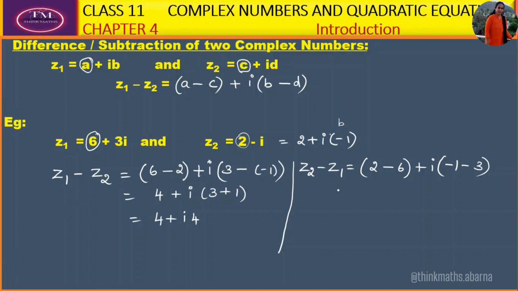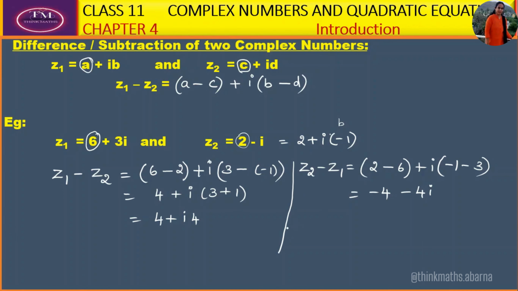So 2 minus 6 is equal to minus 4. Minus 1 minus 3 is minus 4i. Is it the same?